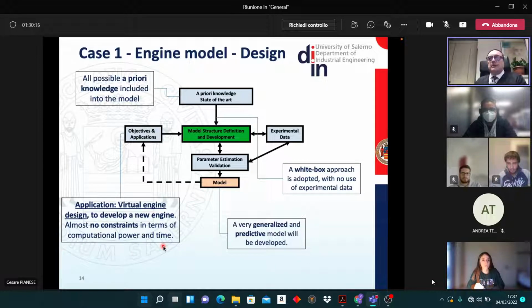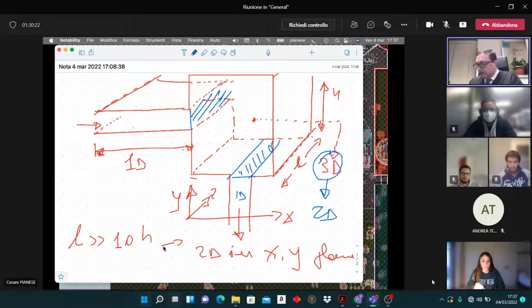The shape, for example, just to give you an example, would be something like that.